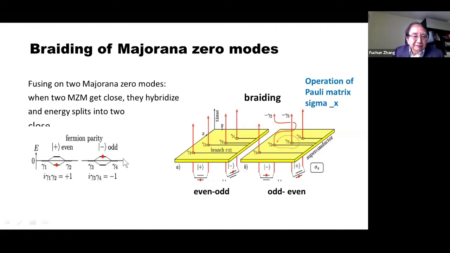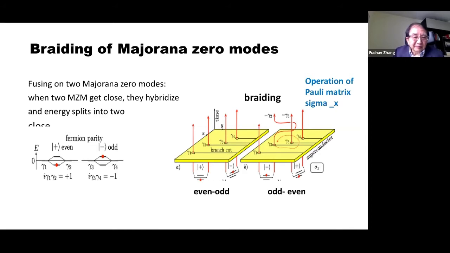So first, this is actually what I illustrated in my first one-chain problem. I consider two Majorana zero modes, and when you put them together, this process is similar to shortening the length of the Kitaev chain from infinite to finite.